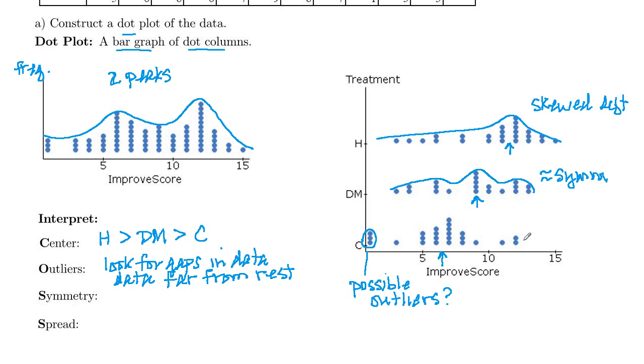And this one is fairly symmetric too. This one's approximately symmetric; that's probably the most symmetric. This one is maybe very slightly skewed to the left. This is definitely skewed to the left, so the tail goes to the left. If that tail trailed off to the right, we would call it skewed right.